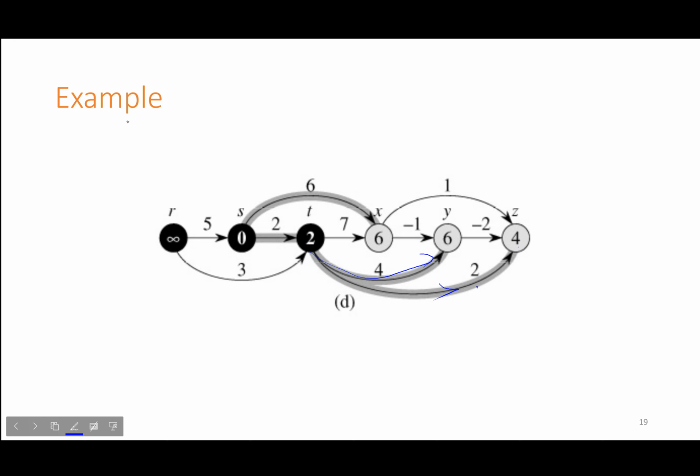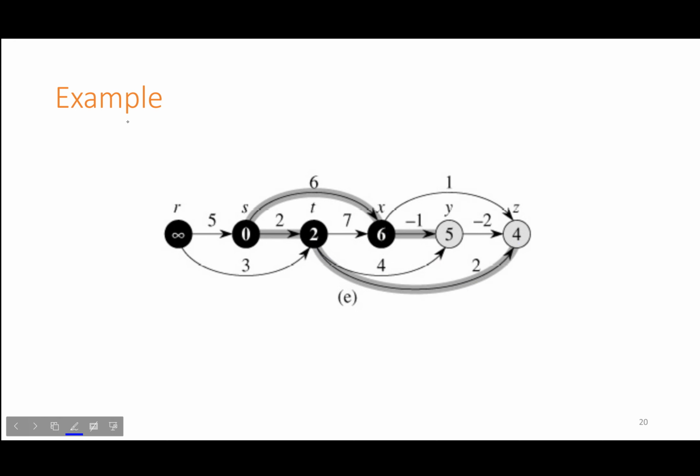Now you go back to 6, and based on this 6, you check, and you may find that the previous one, this number plus this number is larger than this number, so this edge will not help this one, right? And then after that you check the adjacent edge, and then you reduce this one to be 5, and this one does not reduce.